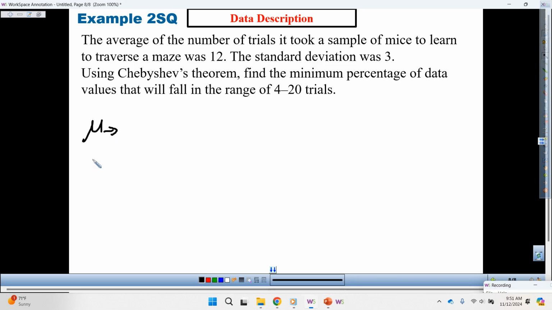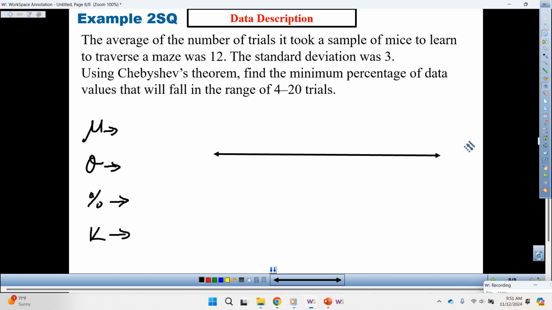Mu, standard deviation, percent, and K. And mu for this one is the average. The average is what? 12. And what are my extremes? My extremes are 4 all the way to 20.